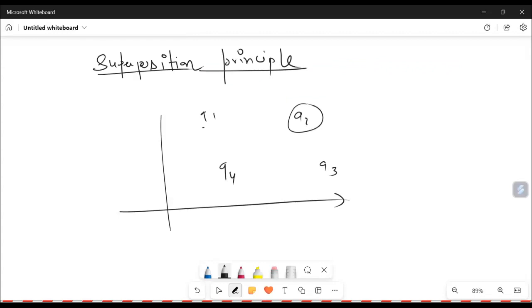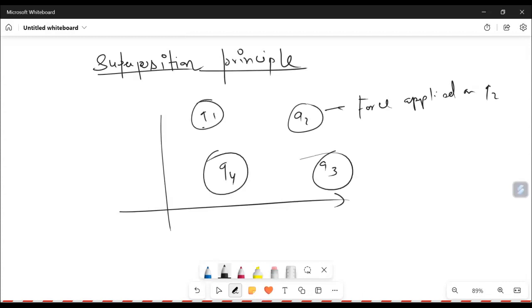Suppose I need to figure out the force applied on Q2. There are three charges nearby, Q1, Q4, Q3, so all three will apply force on it. If they are the same, they will repel. If they are opposite charges, they will attract. So the resultant force will be the vector sum of all the forces acting on this Q2 charge.